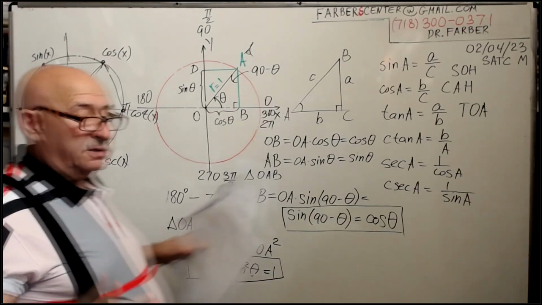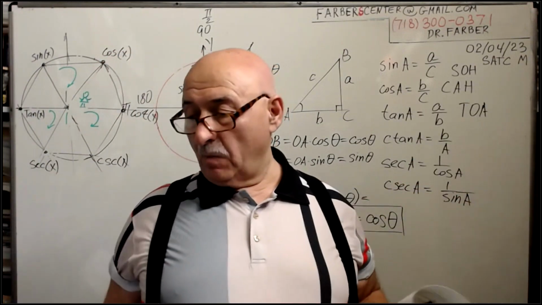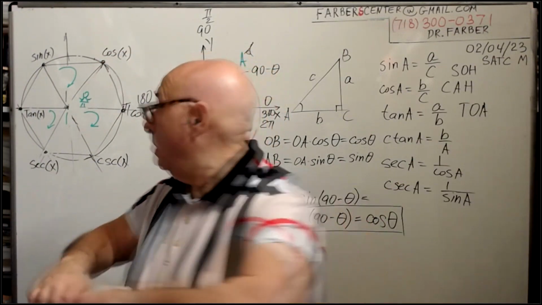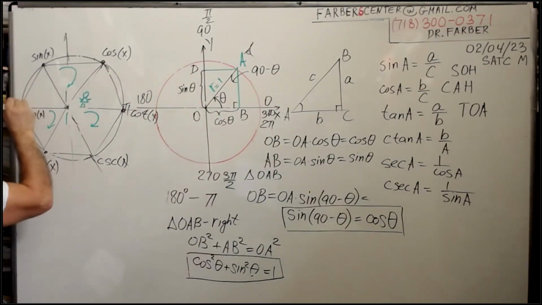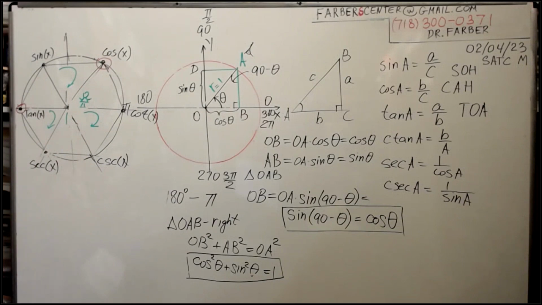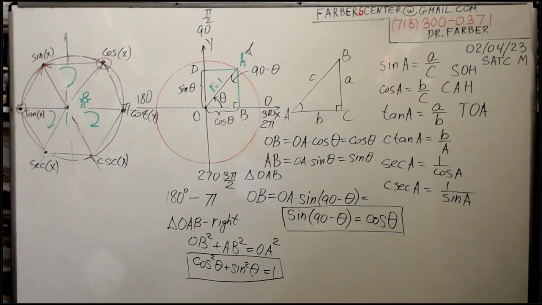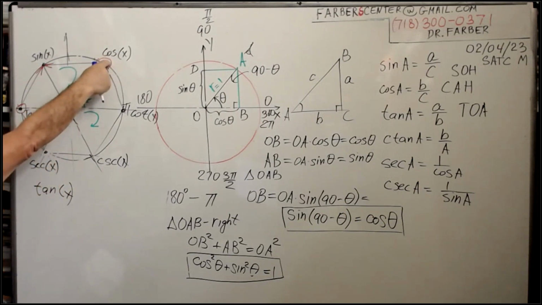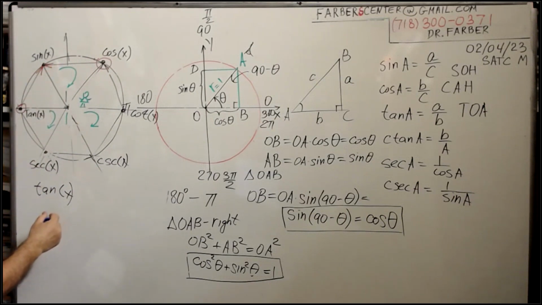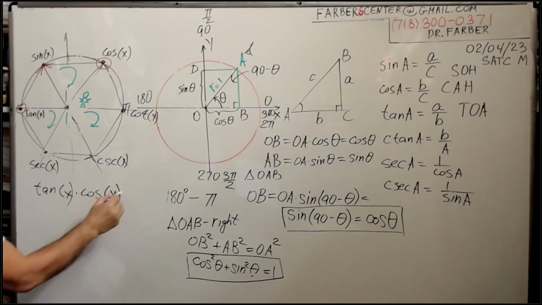Look at this. I name it the way of two vectors meeting each other. Let's say this one and this one. I make this like this, from this and this, and with these arrows I can write tangent of x times cosine of x equals sine of x.